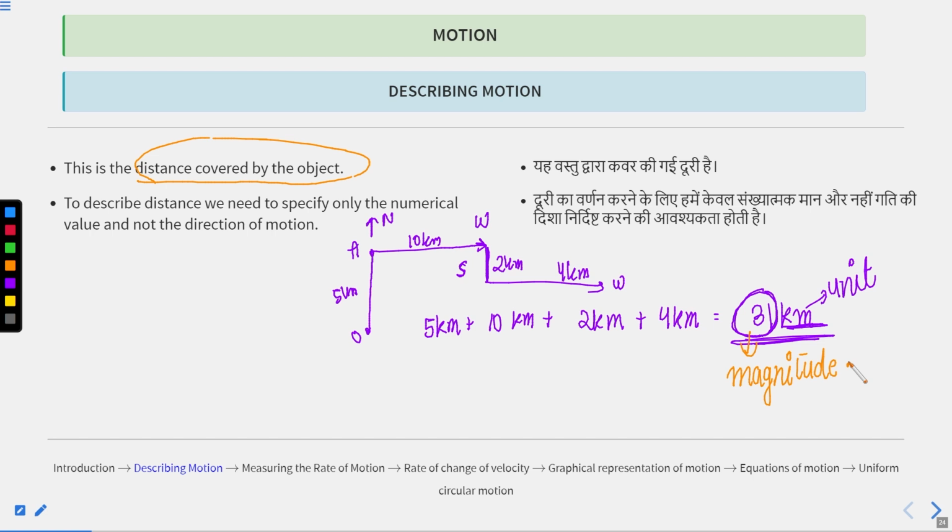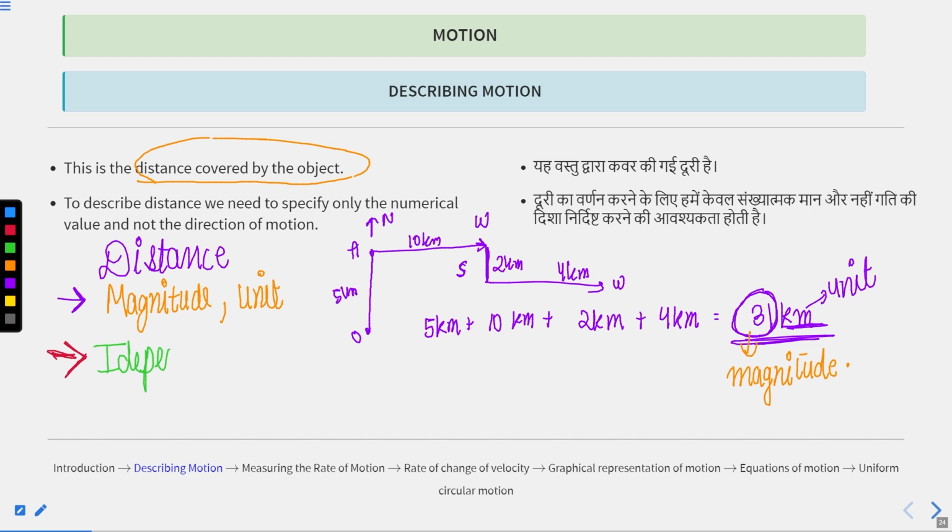So distance depends on the magnitude and unit and is independent of direction.